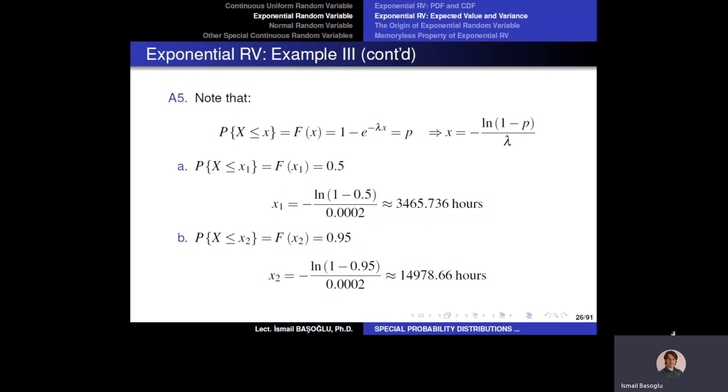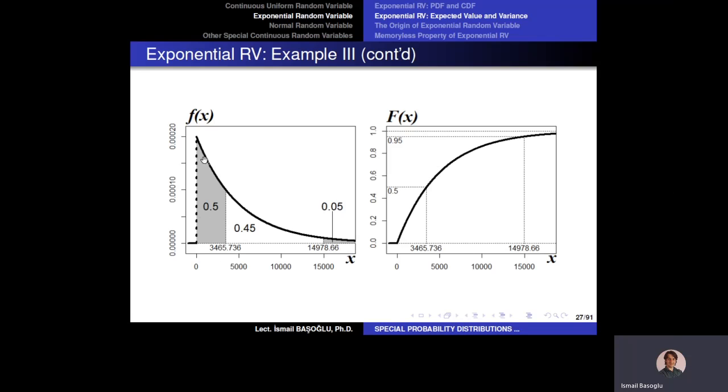So basically in this question, we have used the inverse CDF to compute certain quantities that divide our distribution into two sections. So let's see. This is the probability density function in the question, with rate parameter lambda equal to 0.0002, as you can see here, because the PDF at 0 equals the rate parameter, and it converges to 0, and the total area under the PDF will be equal to 1.